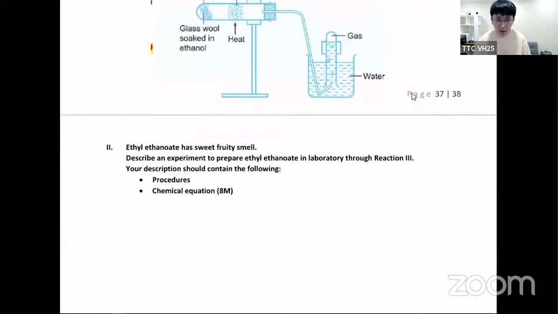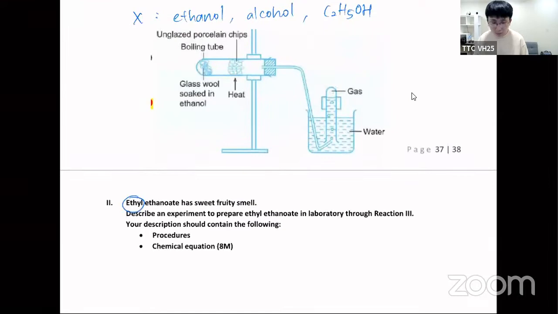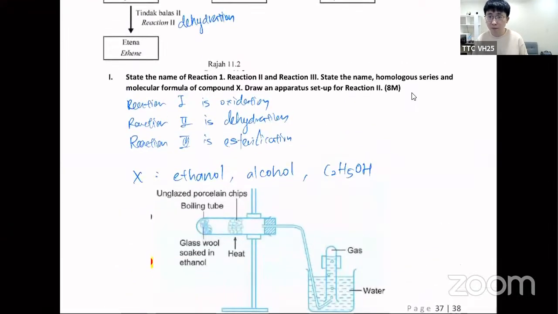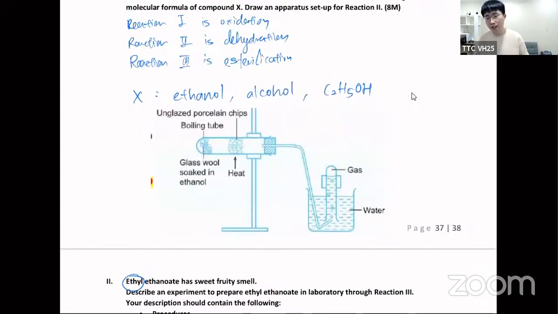So again, it is ethyl ethanoate. So ethyl ethanoate is made from ethanol plus ethanoic acid, correct?